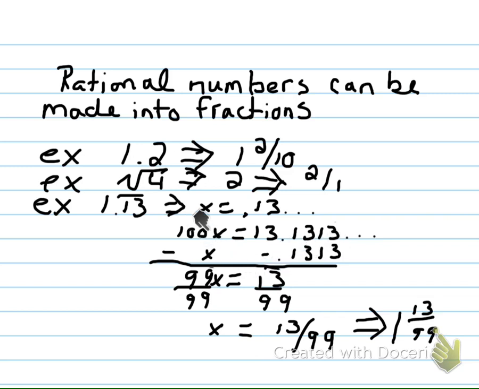On this side, if you do 100x, take away x, you're going to get 99x. Now I have to divide on both sides by 99, and that's going to give me x equals 13/99. Now I can't forget that it was 1 and 0.131313, so then it's going to be 1 and 13/99.